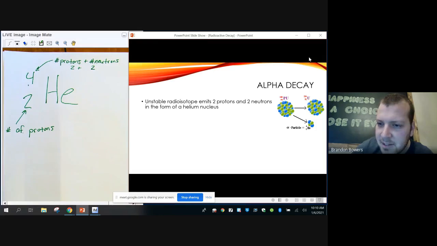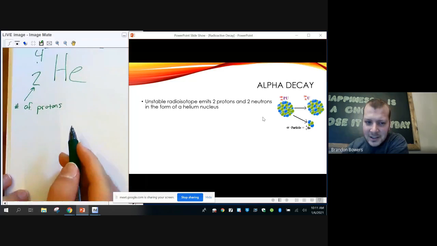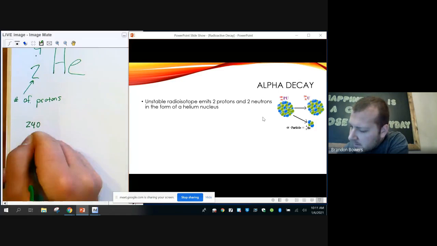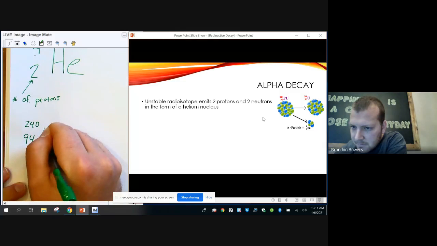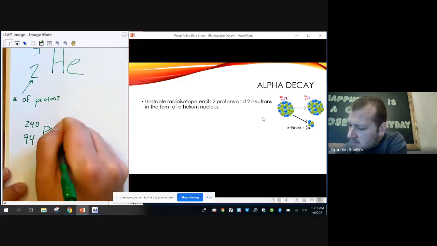Emitting means you're getting rid of something. If you look at this example on the right, it shows 240, 94, Pu.